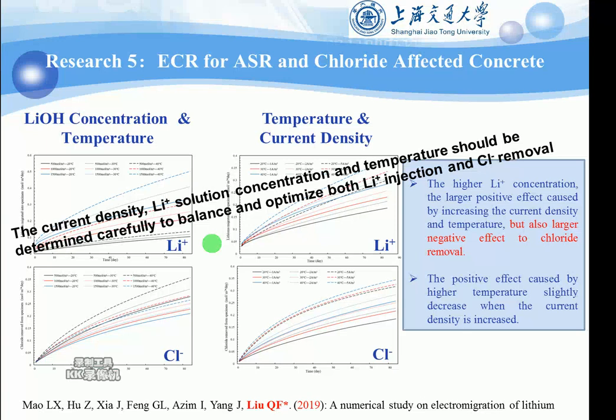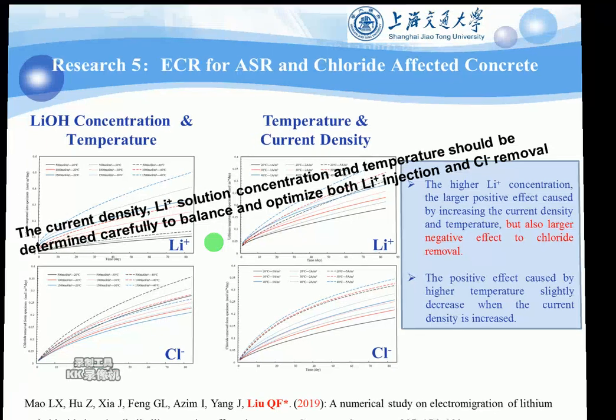So this result tells people that for current density, lithium concentration, and temperature, these three parameters should be determined carefully to balance and optimize both lithium injection and chloride removal to mitigate both the alkali silica induced cracking problem and the chloride induced corrosion problem.